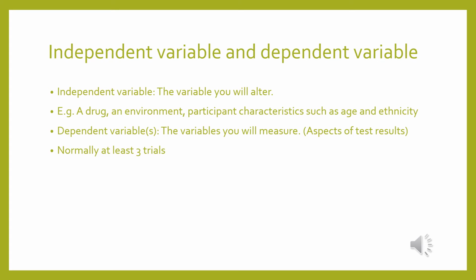Now, depending on the time and the resources you have, it might be better to measure as many dependent variables as possible, because as previously mentioned, these will help you provide different explanations.